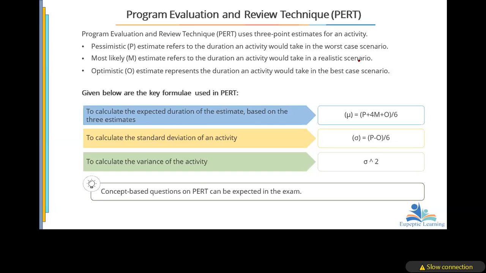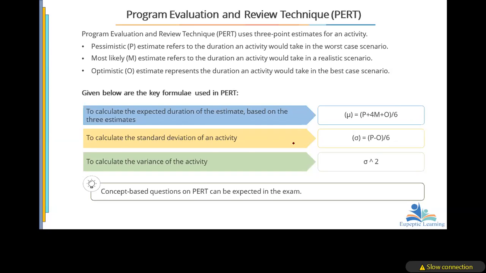If we want to find the average duration, the formula is the pessimistic time plus 4 times the most likely plus the optimistic, all over 6. These formulas came from certain derivations. Our interest is to know how to use the formula. PMI will not examine you on how it came into being.